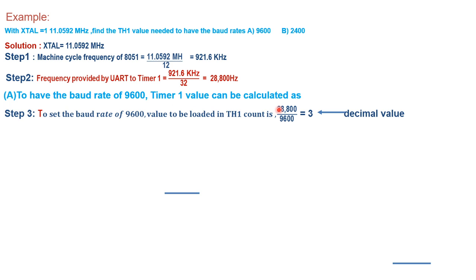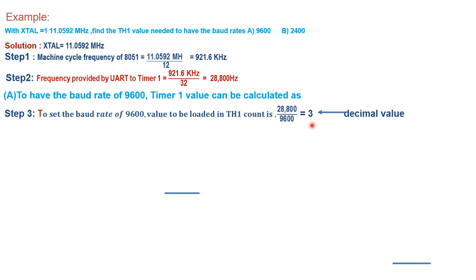In step 3, set the baud rate of 9600; the value to be loaded in TH is the count 28,800 divided by this baud rate value, that is 9600, which is equal to 3.